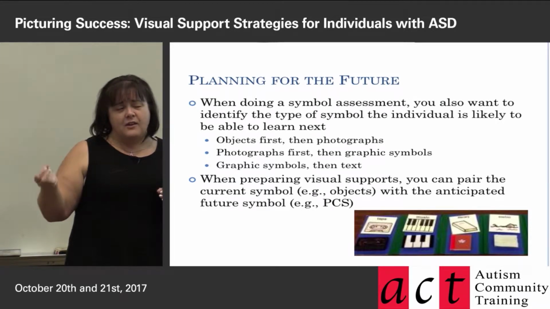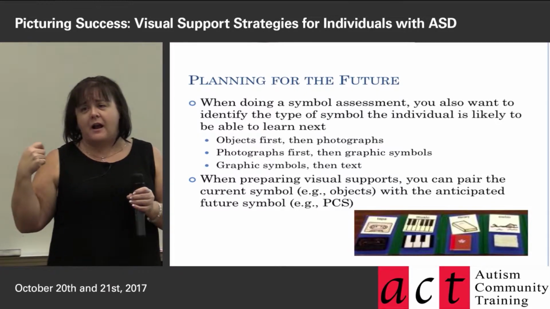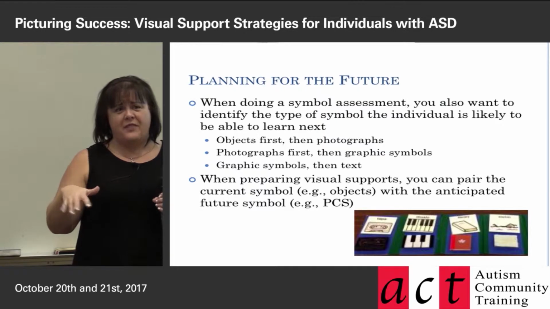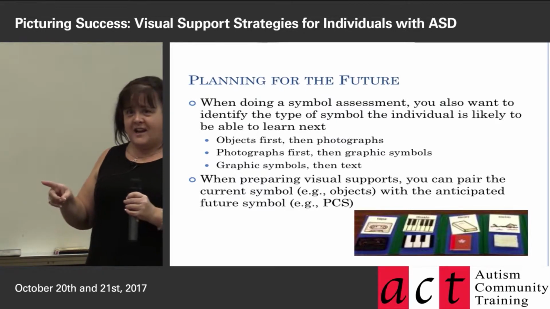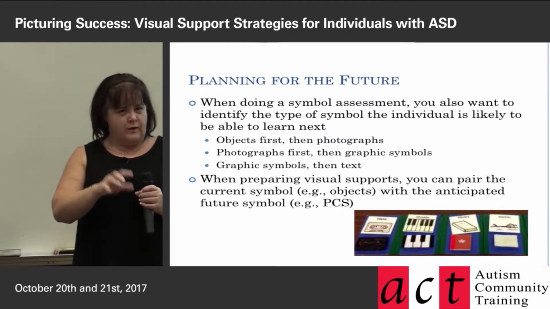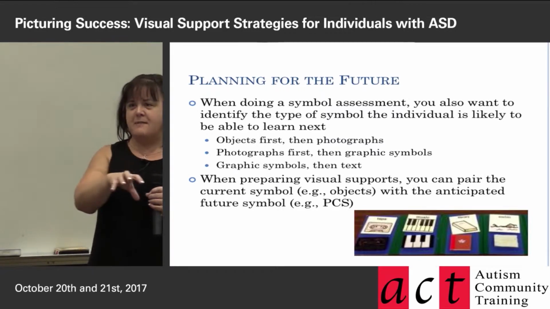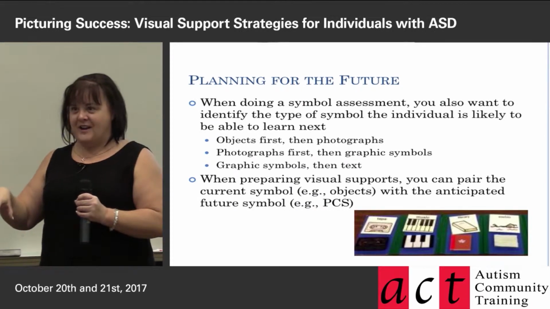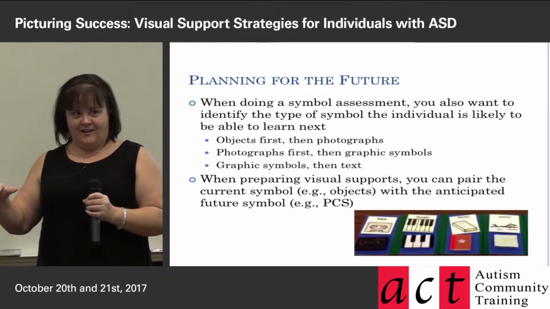So then I looked at picture communication symbols and I gave him a color picture communication symbol and he couldn't seem to do well with that either. But on occasion, if it was a highly familiar item, something that he knew really well, he could match a three-dimensional object to a black and white picture communication symbol, no color.